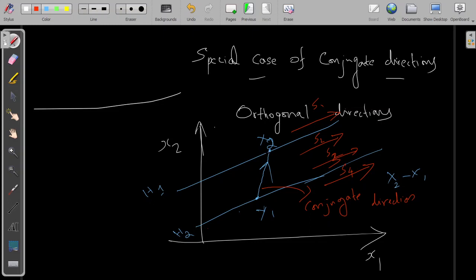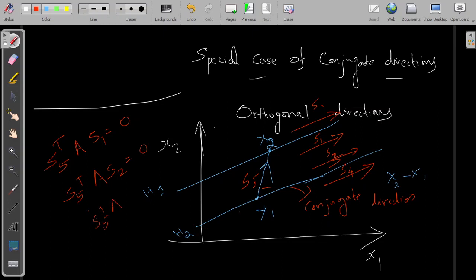Also it is given that 2 points, 2 vectors on those hyperplanes, are x1 and x2, and the theorem says that if you join these two vectors with a line directed from x1 to x2, and this direction we are calling s5, then this vector s5 will be a conjugate direction to all of s1, s2, s3 and s4, such that s5 transpose A s1 will be equal to 0, or s5 transpose A s2 will be equal to 0, like that.